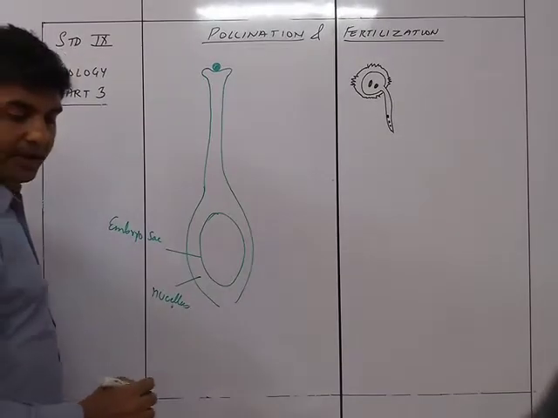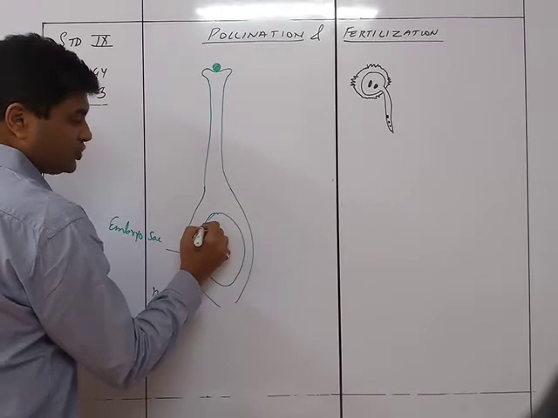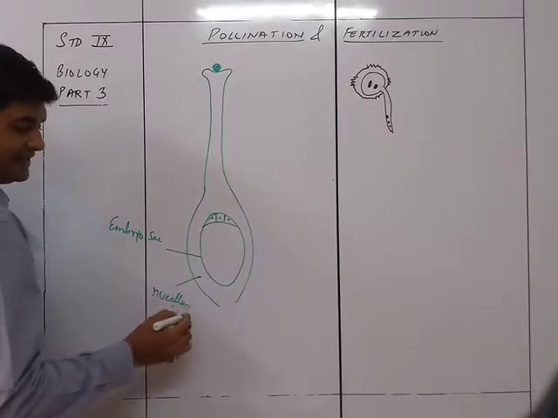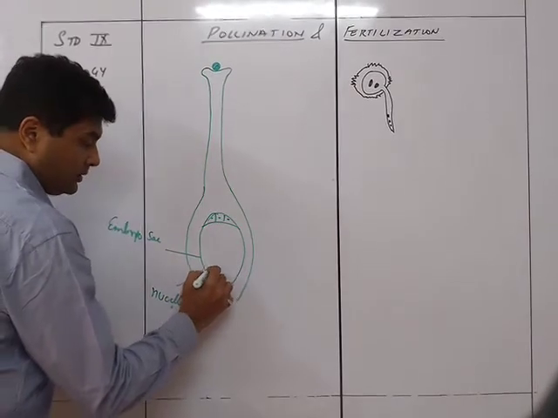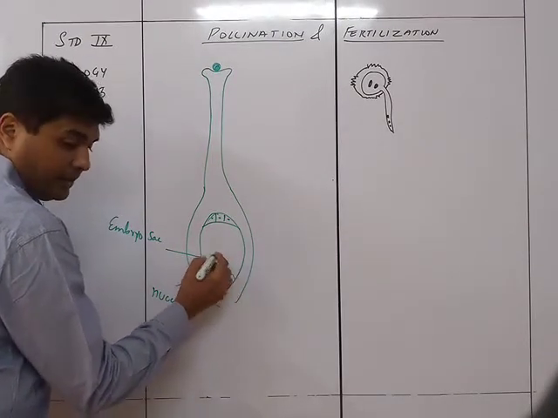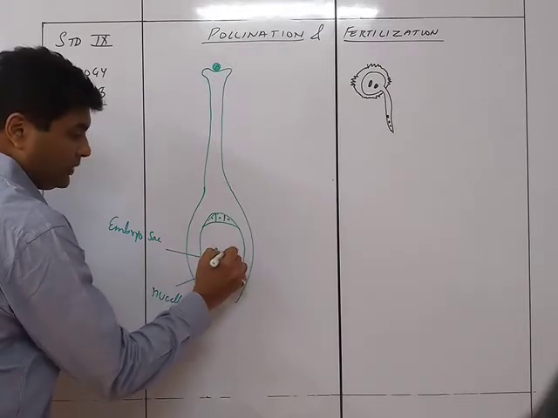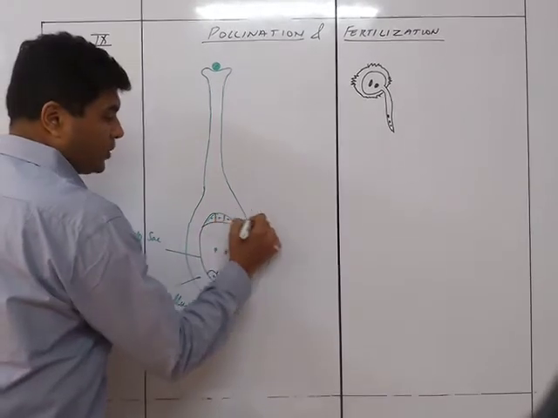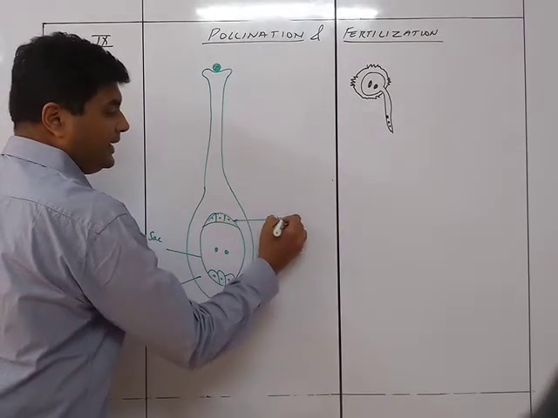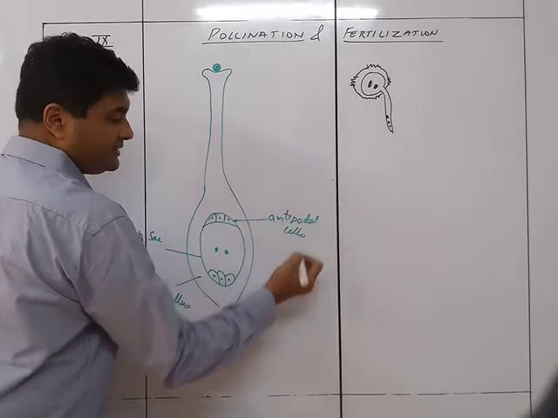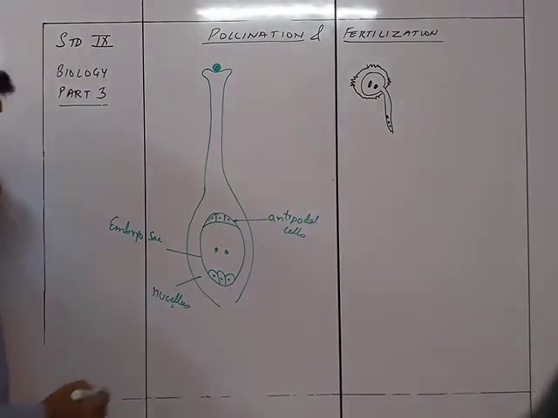Okay, and now inside this there will be different kinds of cells. 3 cells here, 3 cells over here, and 2 nuclei over here. These ones are called antipodal cells.